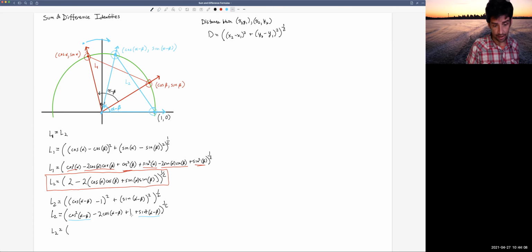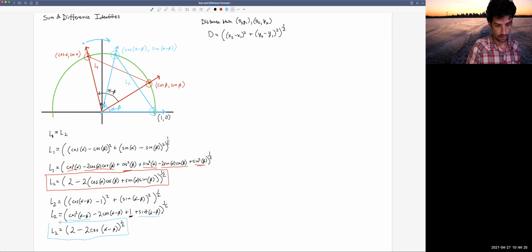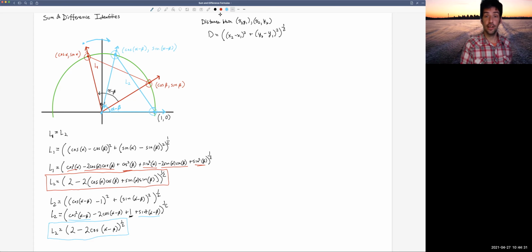And we already have another one right here, so we'll get 2. And then I've got this minus 2 cosine alpha minus beta, to the 1/2. Okay, so there's a nice compact expression for that other distance. All right, we're almost there.